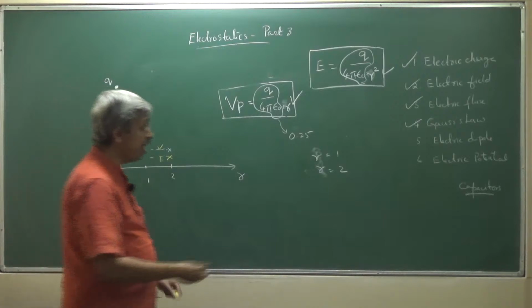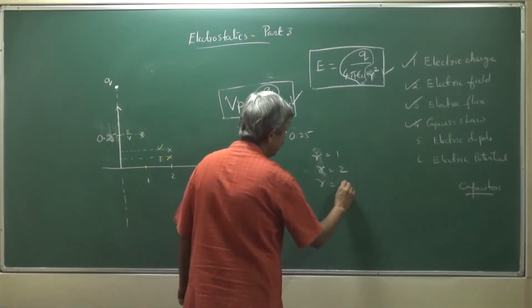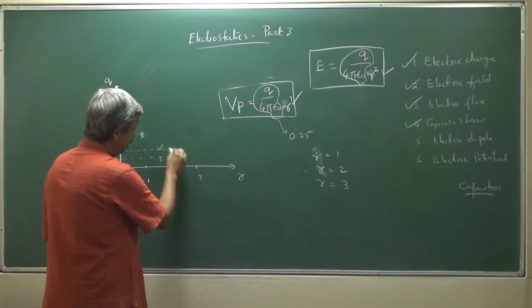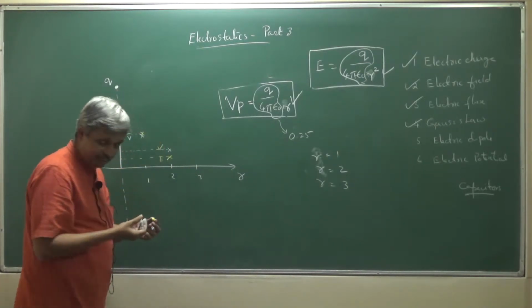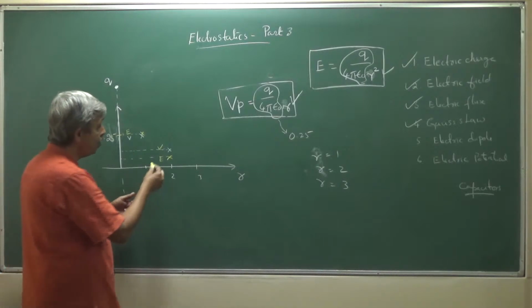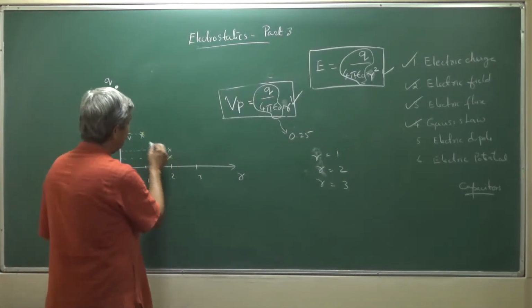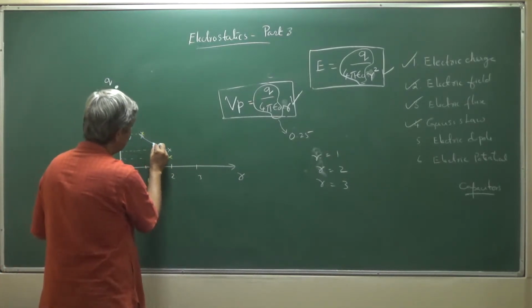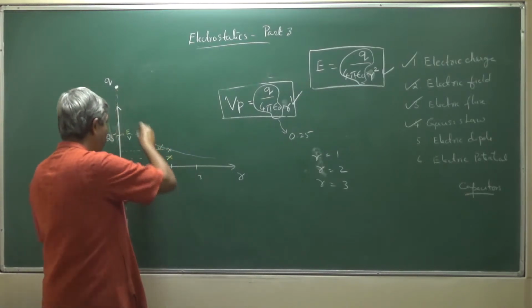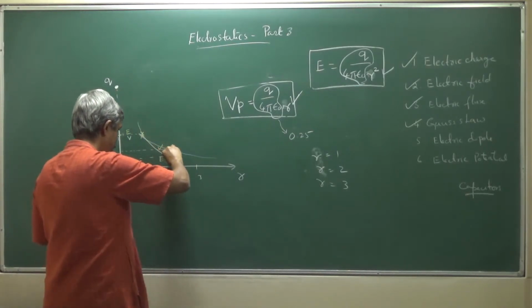If R becomes 3 or 4 somewhere, okay, go here again. The E will also decrease and V will also decrease, but V will decrease less. So it will actually go like this, whereas E will go even more steep.